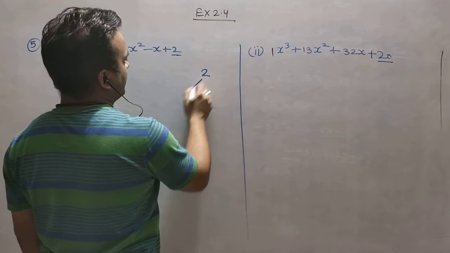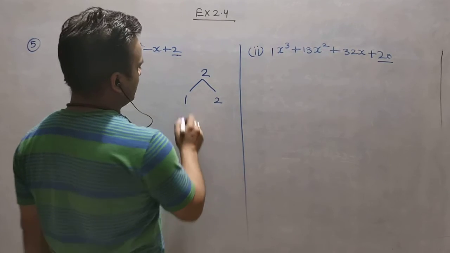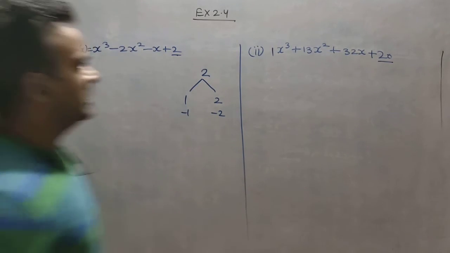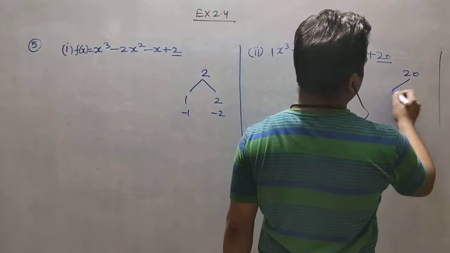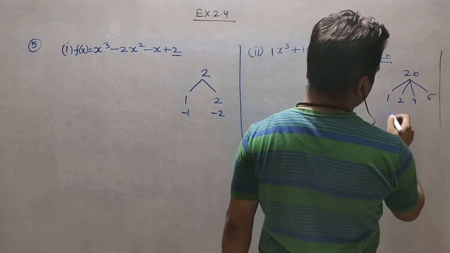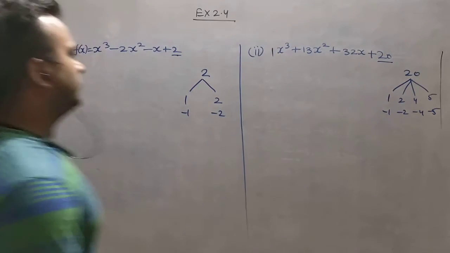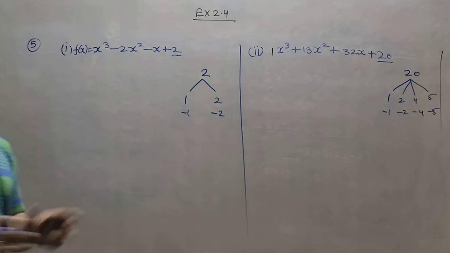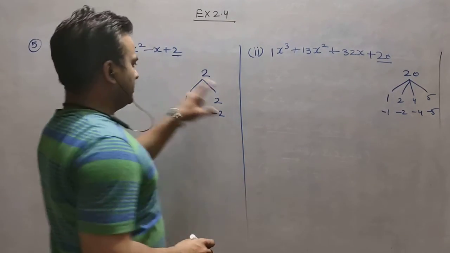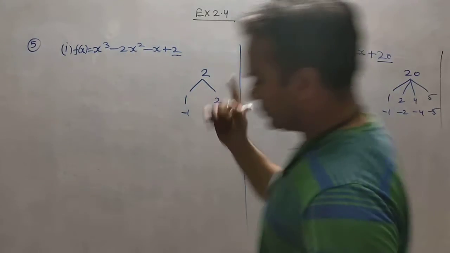What are the factors of 1? It can be 1, and sometimes we take minus also, the negative of these. In this case 20. So how many factors? Factors 1, 2, 4 and 5. So minus 1, minus 2, minus 4 and minus 5. So rather than taking any number, that will be a better option. We can select one number out of these. I think definitely we will get one solution.